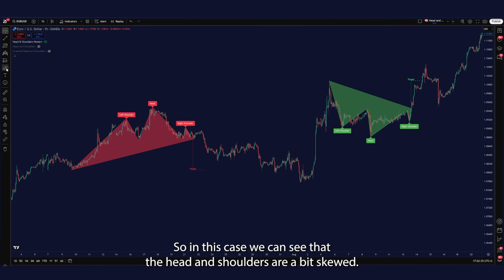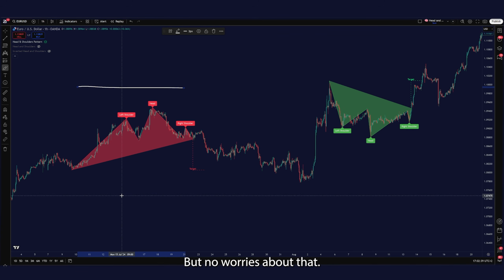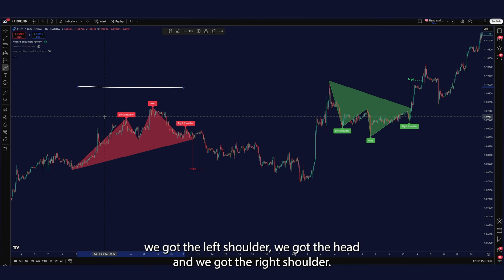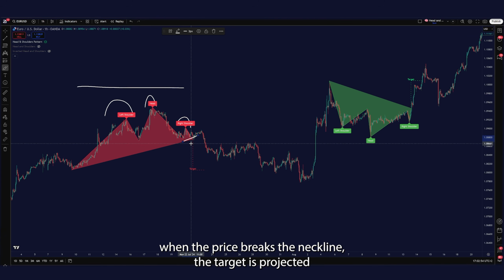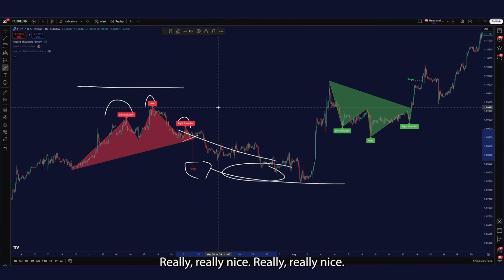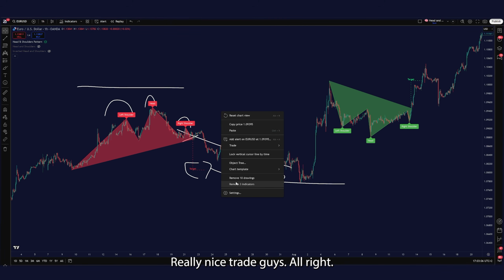So in this case, we can see that the head and shoulders are a bit skewed, but no worries about that. The pattern is generated accurately, and we got the left shoulder, the head, and the right shoulder. When the price breaks the neckline, the target is projected, and boom, there we go, price hits the target. Really nice trade, guys.